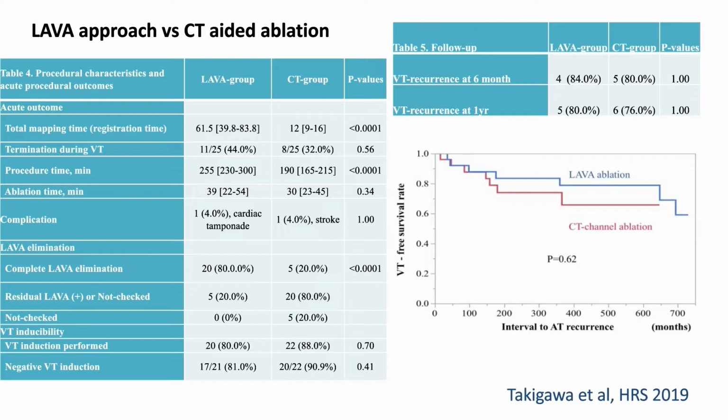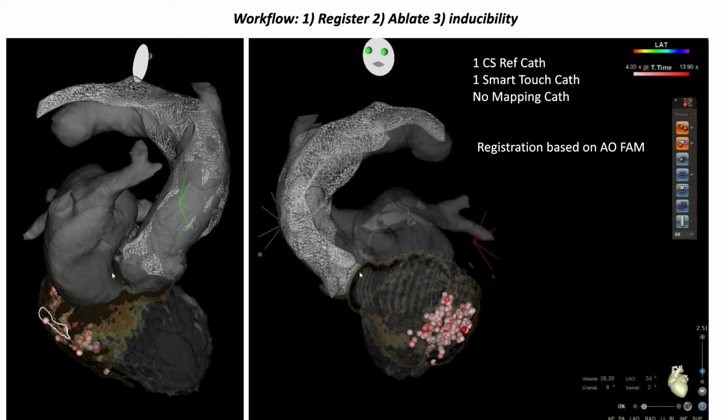You can also appreciate that even if you perform CT-aided ablation, meaning that you're still doing some degree of mapping, the total mapping time is significantly shortened and the procedure time is significantly shortened. So from a procedural standpoint, it's very simple.